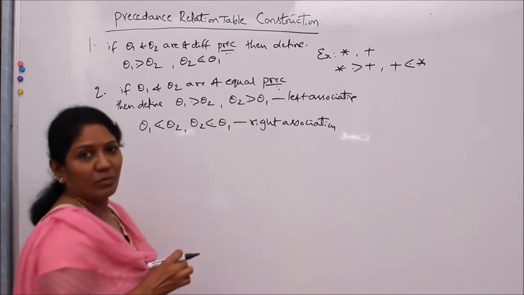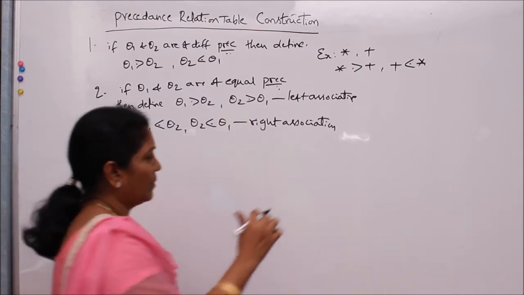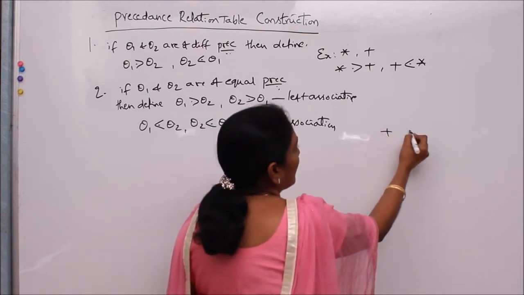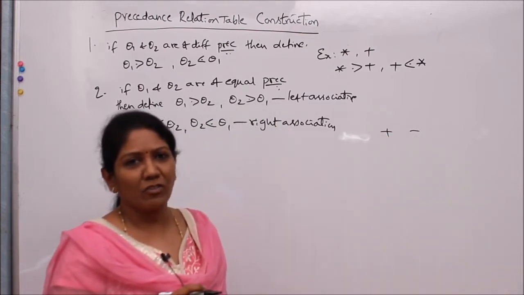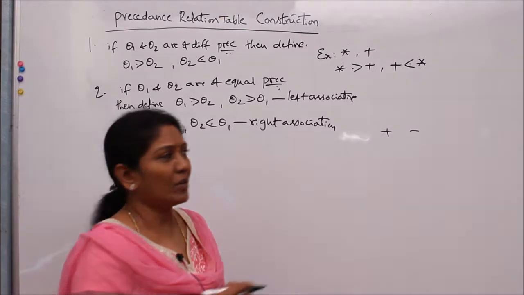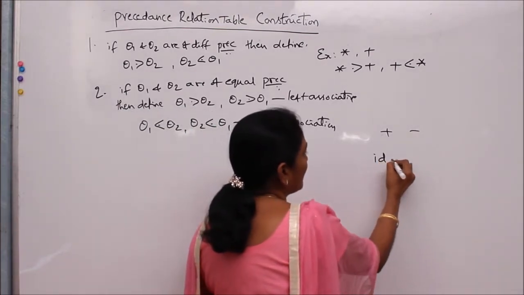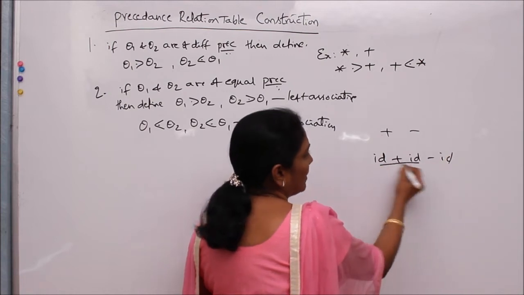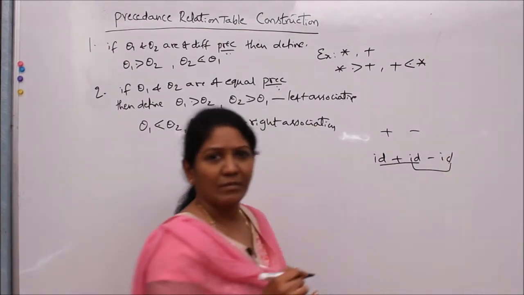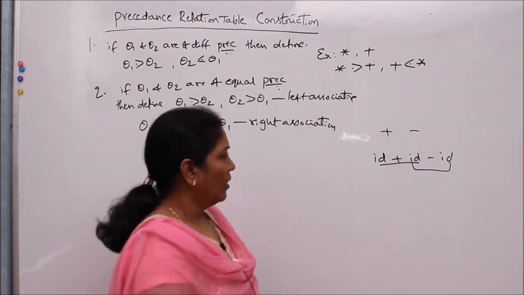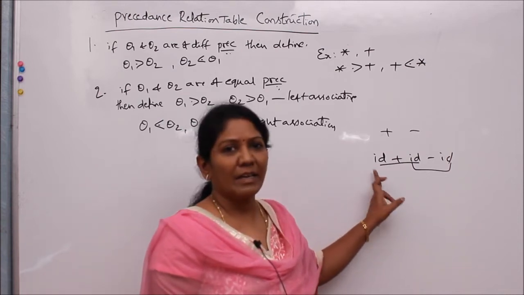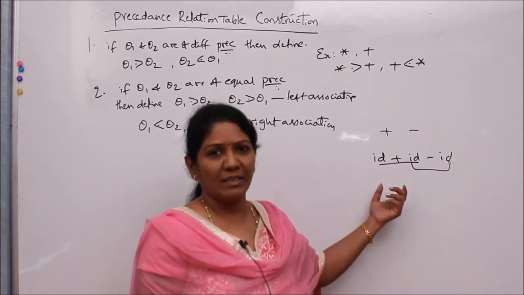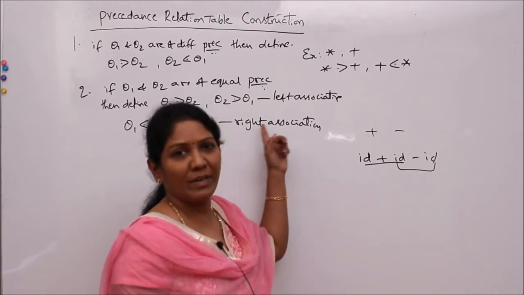Why is this so? Take an example. If you take plus and minus, they are left associative, isn't it? Left associative means what? When you have a string something like id plus id minus id, this should be reduced first, then this. So in order to ensure that left associativity is considered here, the relation has to be defined like this.